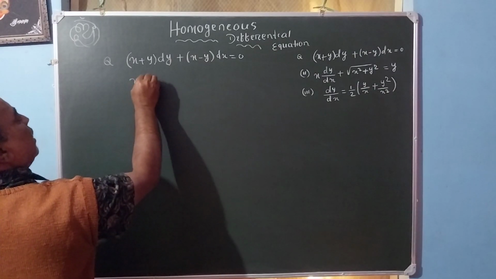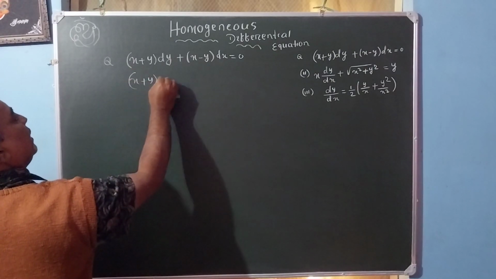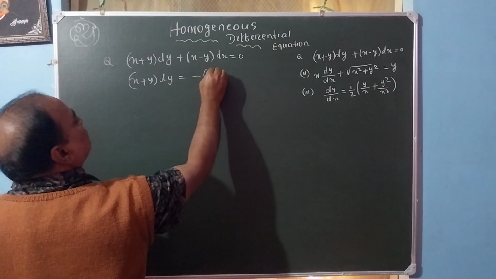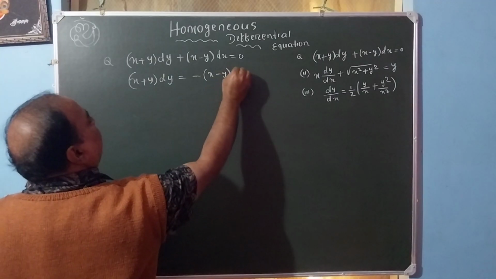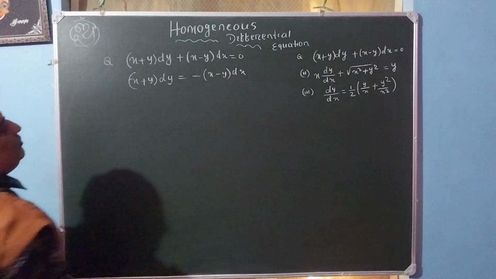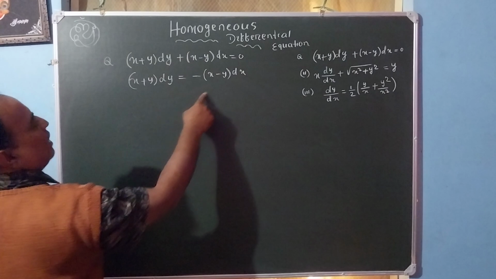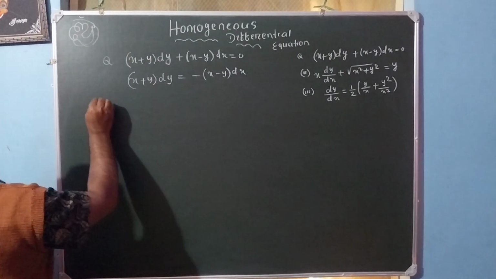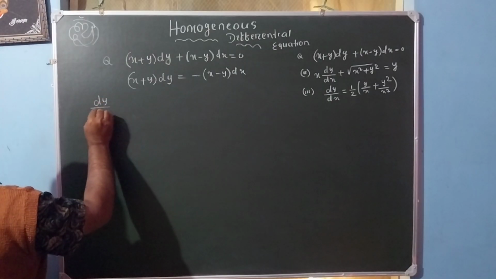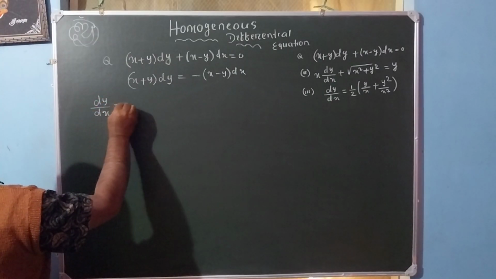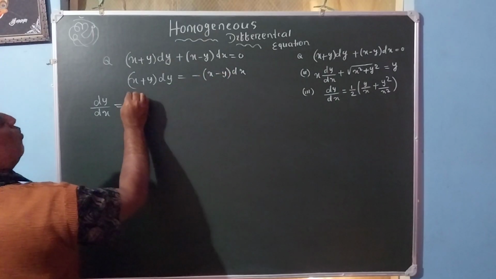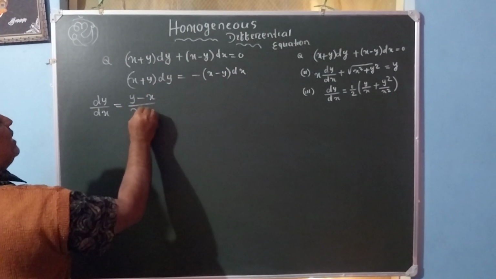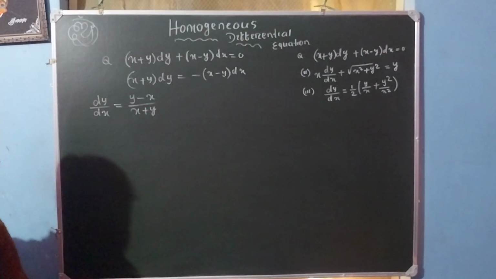So (x + y) dy = -(x - y) dx. So this will be divided there and this will be divided here. So dy/dx = (y - x)/(x + y).